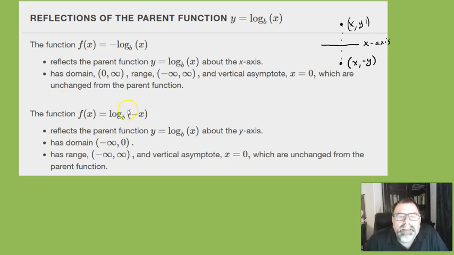Now if you put the negative inside with the x, we're switching the x coordinate. So if we have a point x, y and you switch the x coordinate, that flips it over the y-axis.